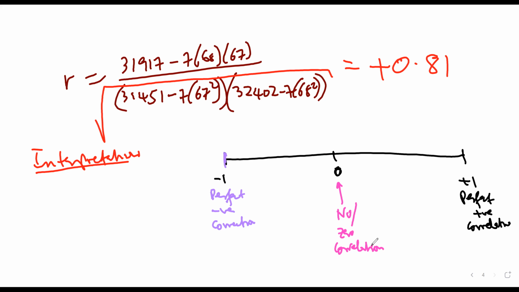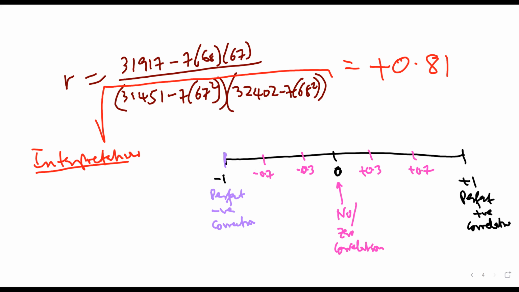To help us in interpreting correlation coefficients, we can partition this line segment into several parts. So you can say this is minus 0.3, this is minus 0.7, then plus 0.3 and plus 0.7.